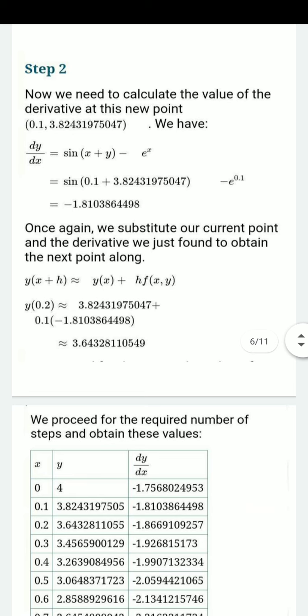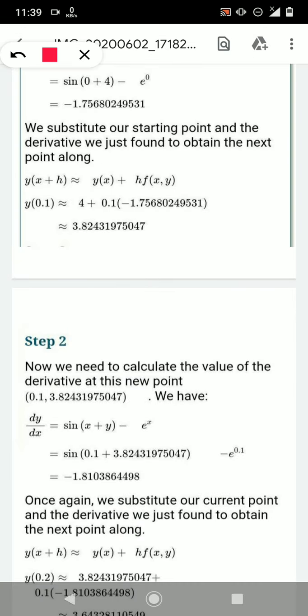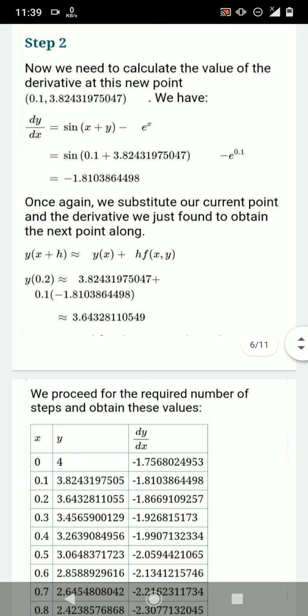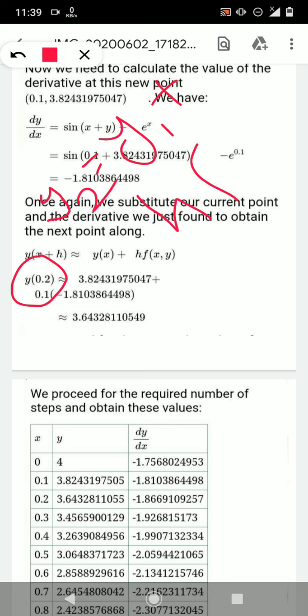Then y2 is equal to y1 plus h into f at x1, y1.